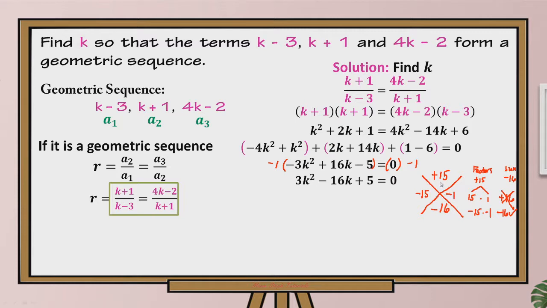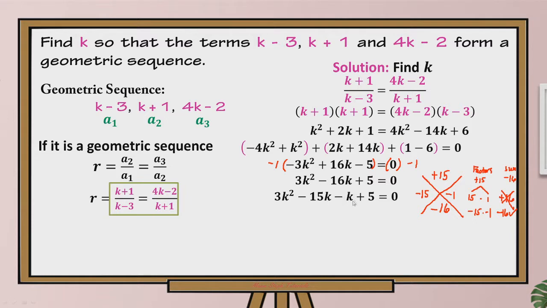So, after nyan, we will rewrite that in this manner. Okay. So, ang nangyari dito is kinopya lang natin yung quadratic term na 3k squared at yung constant term na positive 5. Pero, instead na negative 16, ginawa natin siyang negative 15k minus k.